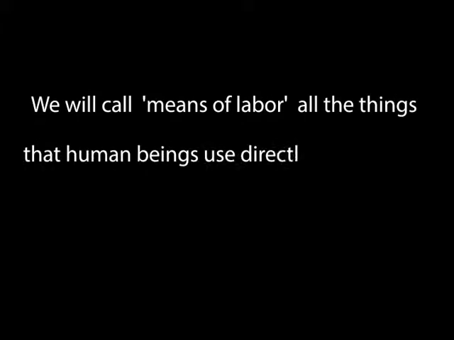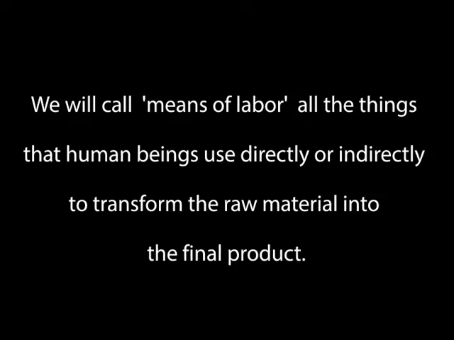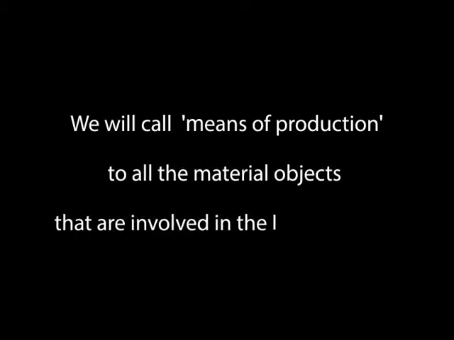We will call means of labor all the things that human beings use directly or indirectly to transform the raw material into the final product. And we will call means of production all the material objects that are involved in the labor process. The raw material and the means of labor are the means of production. We are going to see soon all the elements that form part of the labor process.